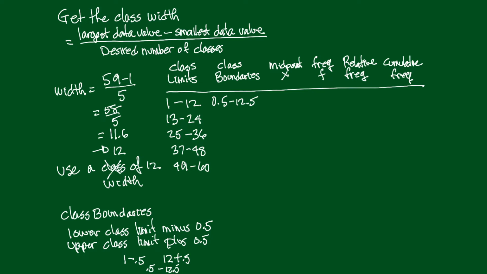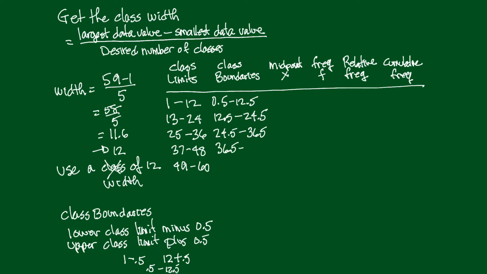Now, 13 minus a half is 12.5, and that matches this one, right? So those two classes just touch each other there, just back up to each other. And then we're going to get up to 24, plus the 0.5 is 24.5. Okay, 36.5, right, adding that half.